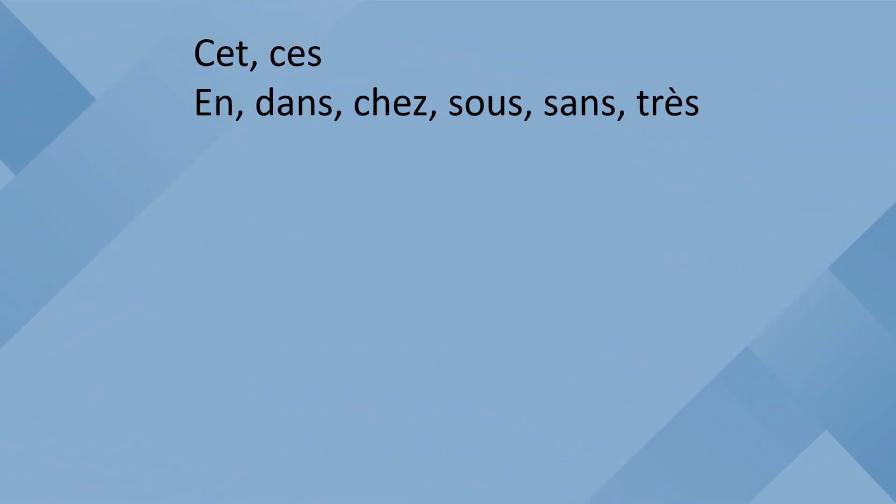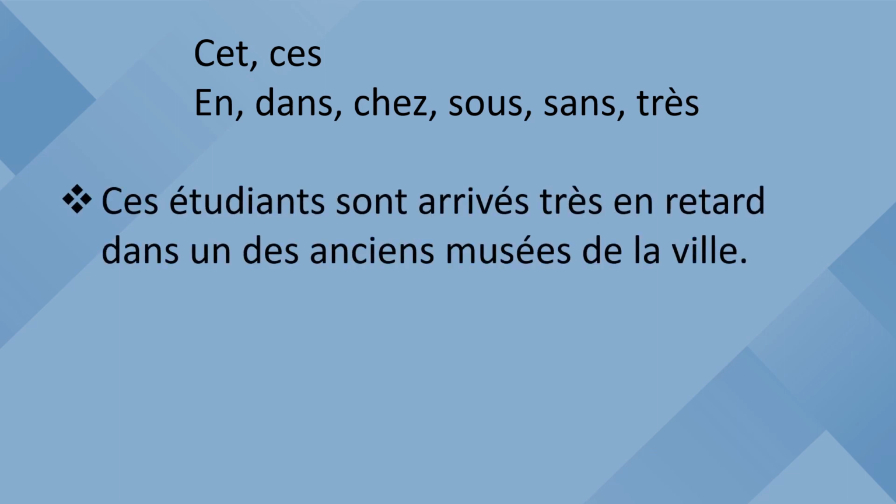You have to make liaisons with those words like c'est, and also the prepositions such as en, dans, chez, sous, sans, très. Of course, there's others, but I'm talking about the most common ones. So here's a sentence for you, and I give you a few seconds to really identify all the liaisons.